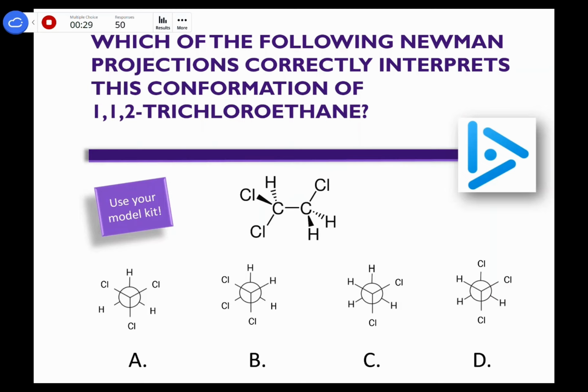It has 3 chlorine atoms. 1, 2, 3. Go ahead and build that molecule. Line it up exactly as you see it in that diagram, and then identify A, B, C, or D, which of these shows you the Newman projection of this exact conformation. Chat with the person beside you and submit your answer.